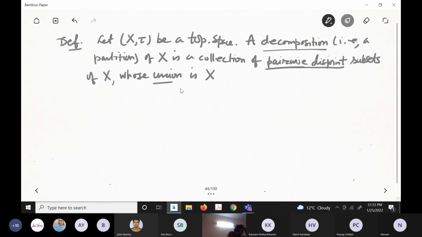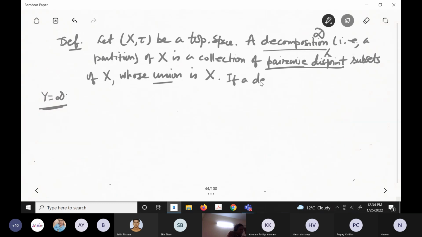Now, how am I giving the topology? Decomposition, the notation I have taken already, this script D. Now, how do you give a topology? So your new space is Y. Y is actually D. Now look at how I'm giving the topology.